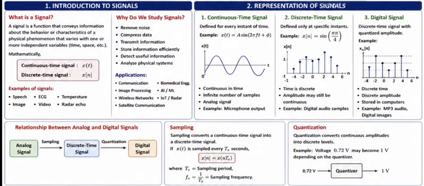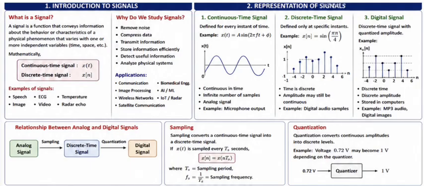We'll be discussing in detail what is meant by sampling and quantization in upcoming sessions. But here, keep in mind that sampling converts a continuous time signal into a discrete time signal. It is simply represented as x of n equal to x of n Ts, where Ts is the sampling period, and we all know that frequency and time period are inversely proportional to each other. Quantization converts the continuous amplitude into discrete levels.